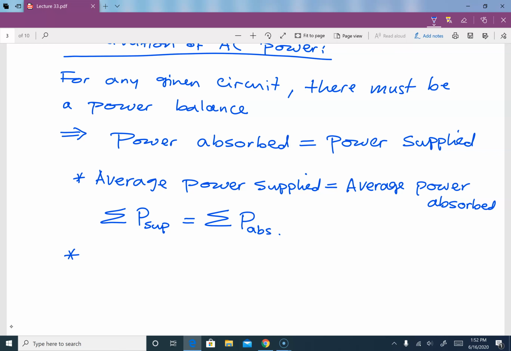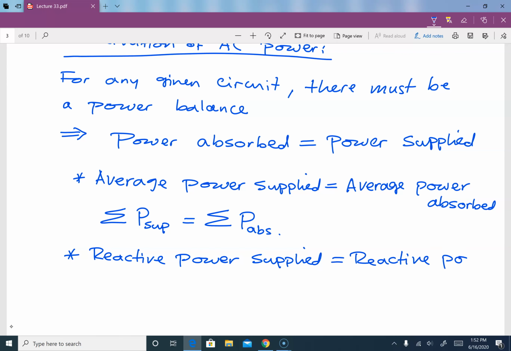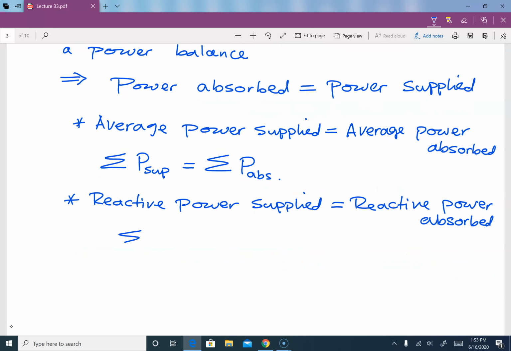The second thing is that the reactive power supplied is equal to the reactive power absorbed. That means the summation of Q supplied is equal to the summation of Q absorbed.